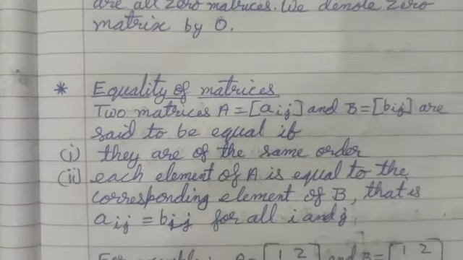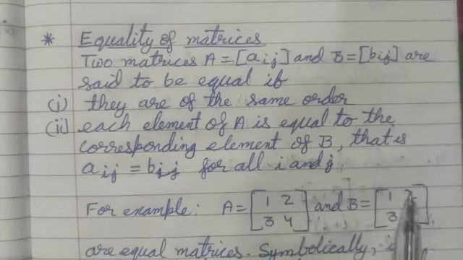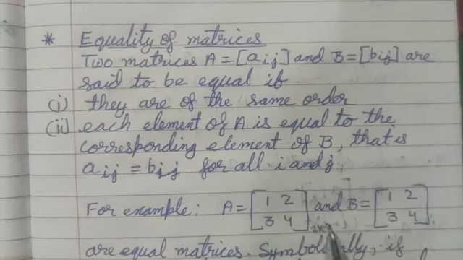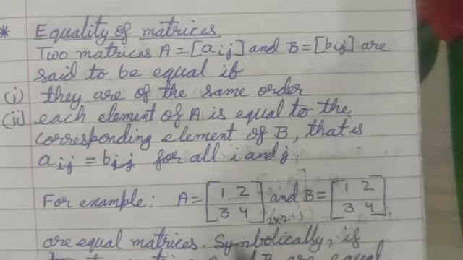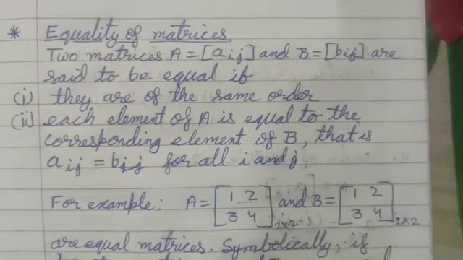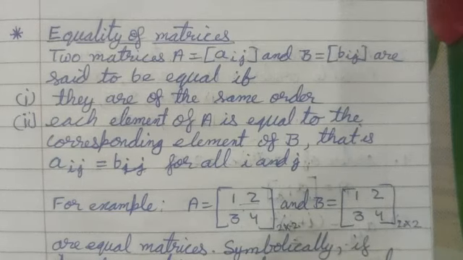For example, there are two matrices A = [1 2; 3 4] and B = [1 2; 3 4]. The order of matrix A is 2 by 2, it has 2 rows and 2 columns, and the order of matrix B is also 2 by 2. So the first condition is satisfied, that the order should be the same. Now, each corresponding element of the matrices should be the same.